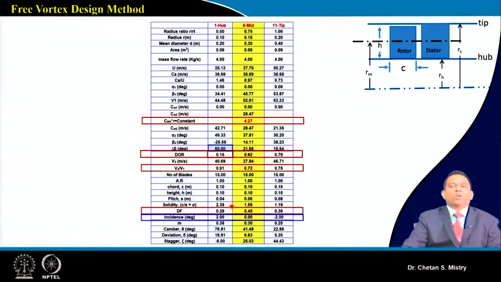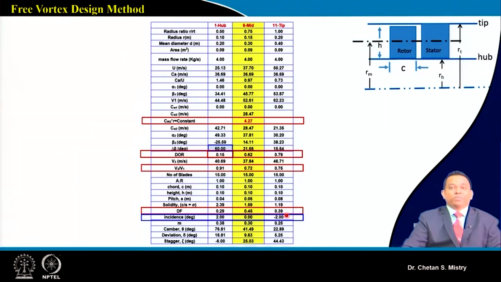The diffusion factor is in the range of maybe 0.45 at the mid station, and at the tip it is 0.39. We have discussed our incidence angle: at the hub we are taking +2, and at the tip we are assuming it to be negative, or -2.